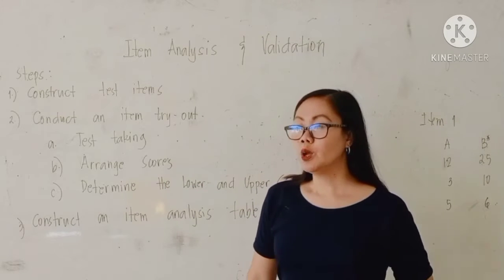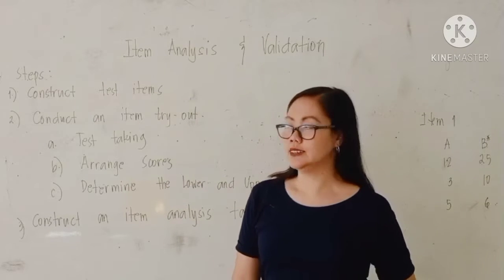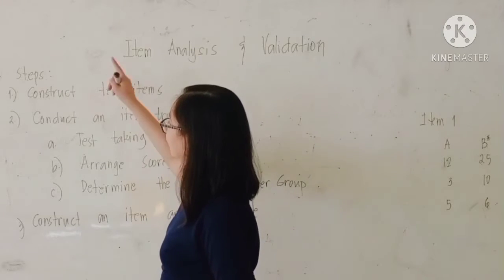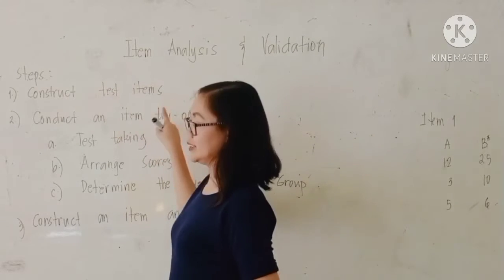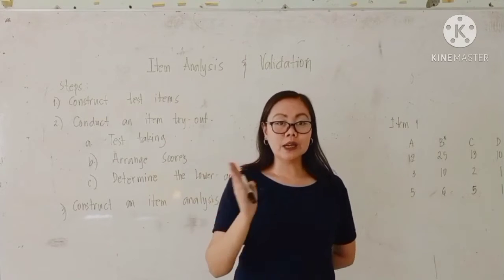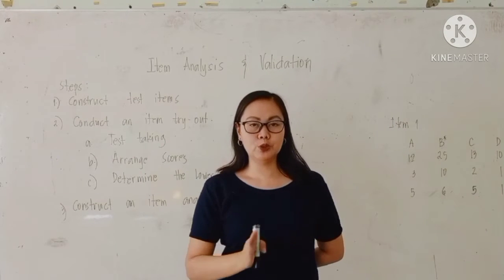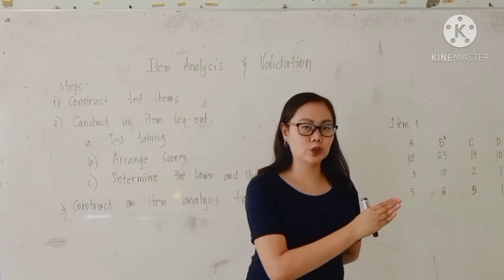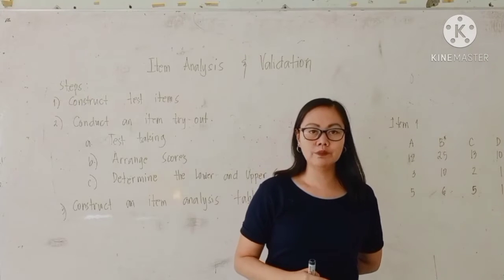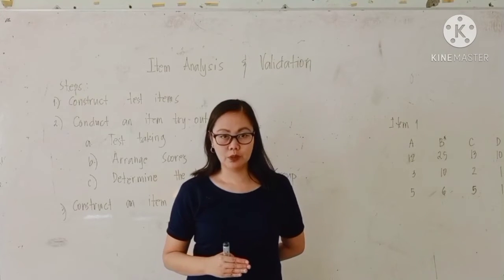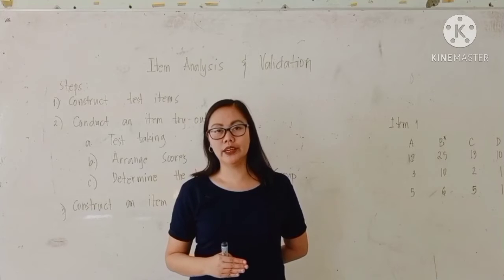Now, let us see, what are the steps in item analysis? Now, the first one is you have to construct test items. Sabi natin kanina, ang unang step when you do assessment is you have to go back to your objectives. Pangalawa, you have to construct your table of specification. Okay.